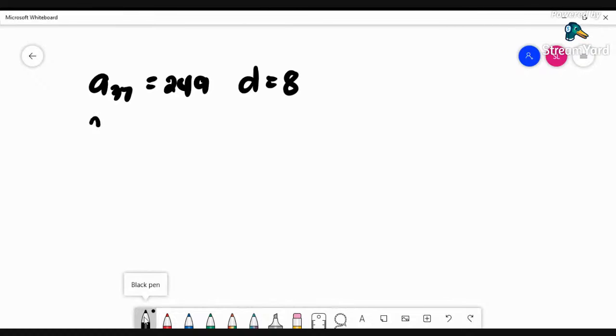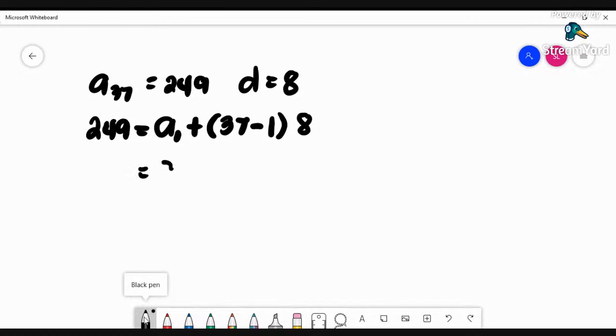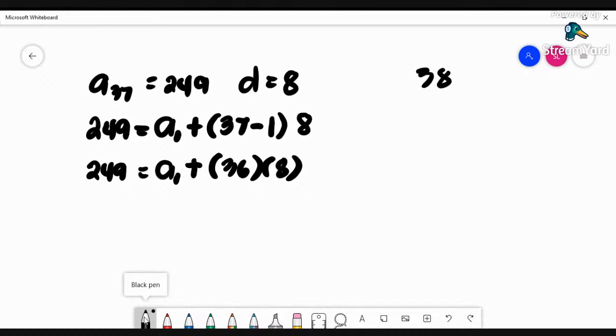So it means that 249 is equal to A sub 1 plus, since it is the 37th term, 37 minus 1 multiplied by 8. So A sub 1 plus 36 times 8 is equal to 249. 36 times 8, I don't have any calculator here. 8 times 3 is 24, and we have 288.